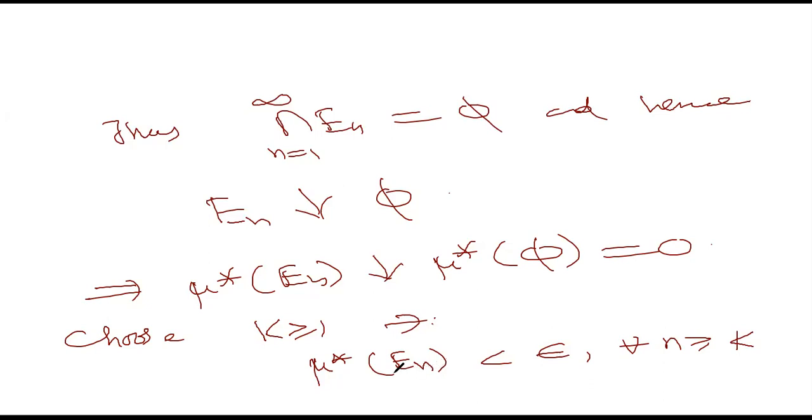It means that the modulus of mu star of En minus 0 is less than epsilon. But we don't need to take the modulus because mu star of En is positive for each n. So mu star of En will be less than epsilon for all n greater or equal to k. In particular this is true for k also. So mu star of Ek is less than epsilon.